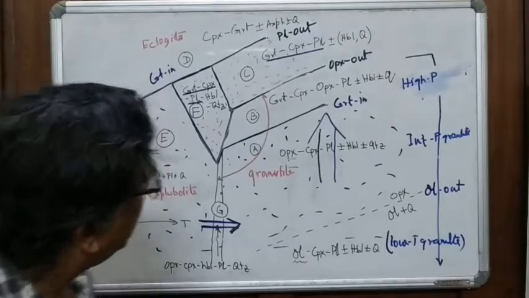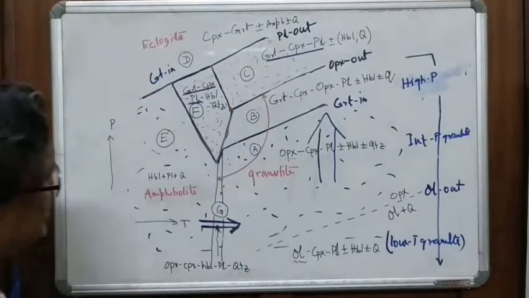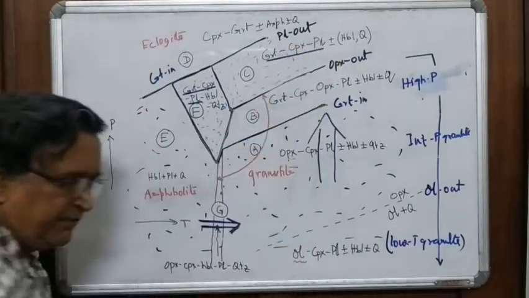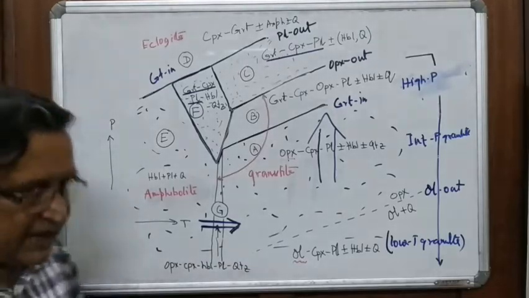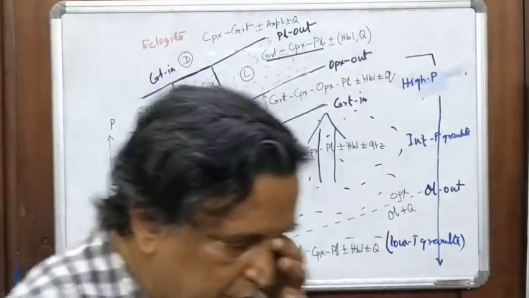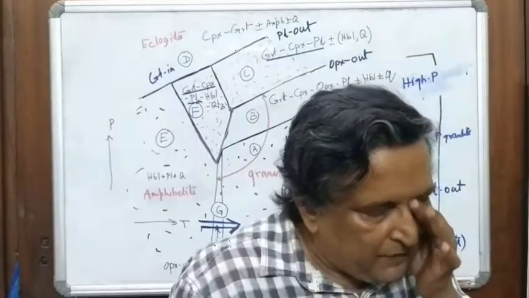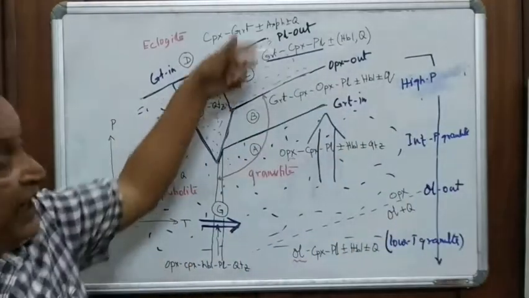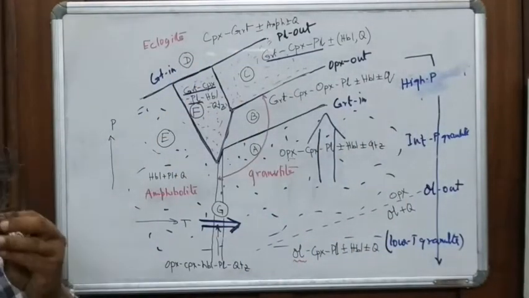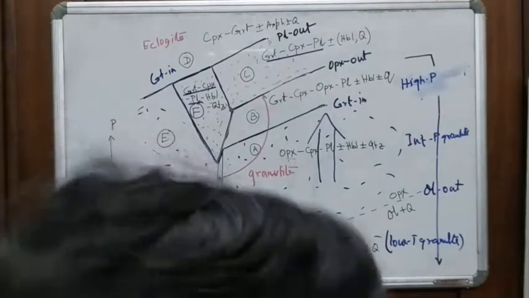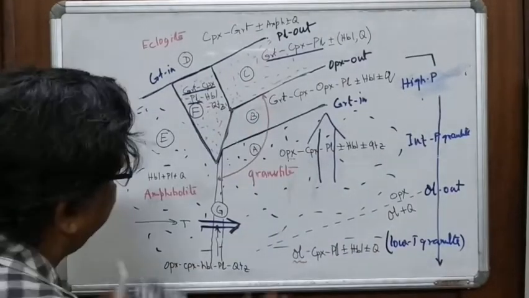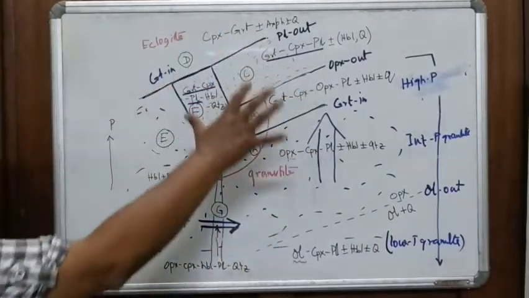So today we will talk about some of the reactions that produce garnets, some of the reactions that take out orthopyroxene, and some reactions that take out plagioclase. Before doing this, you have to remember this overall framework.